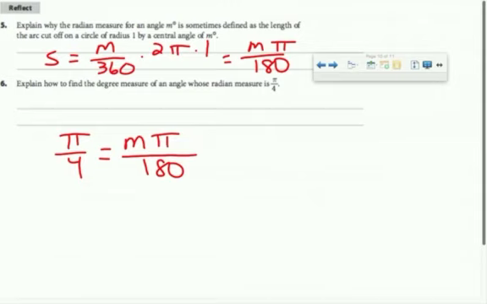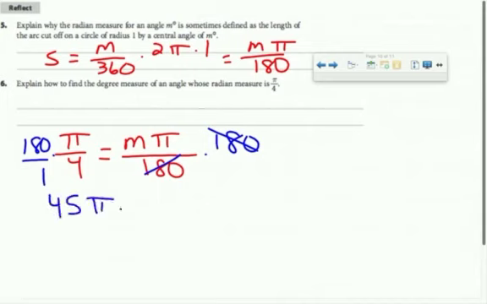If I multiply both sides by 180, I get rid of all of my fractions, which is good. 180 over 4 is 45, so I would have 45 pi equals m pi. Divide both sides by pi, and m is 45 degrees.